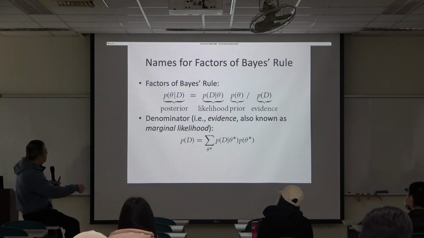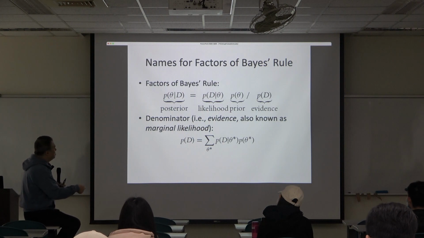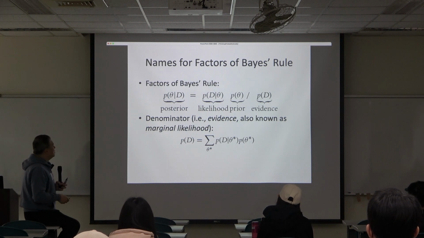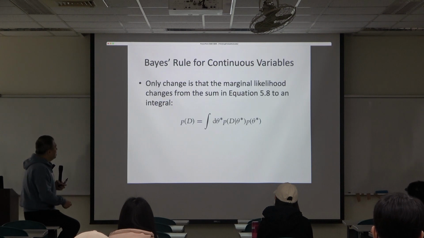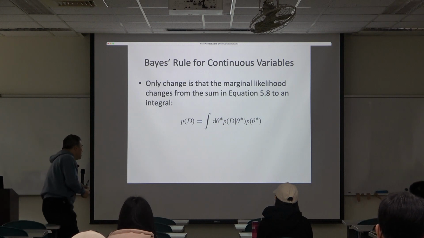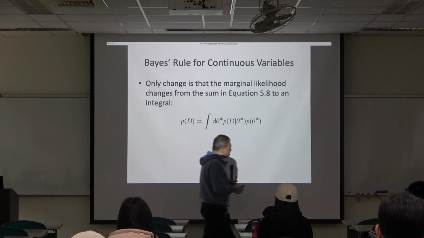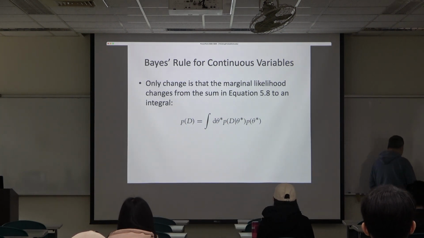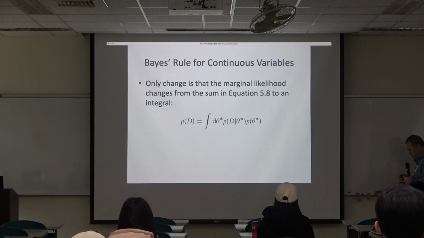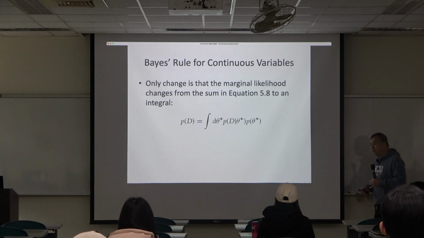But as I say, likelihood and priors are not so difficult to obtain. The difficult part is the evidence, because when it comes to the continuous case, it is an integral. Just like most of you have learned from calculus, the integration of a given function could be very complicated, if you want to get a closed form result.